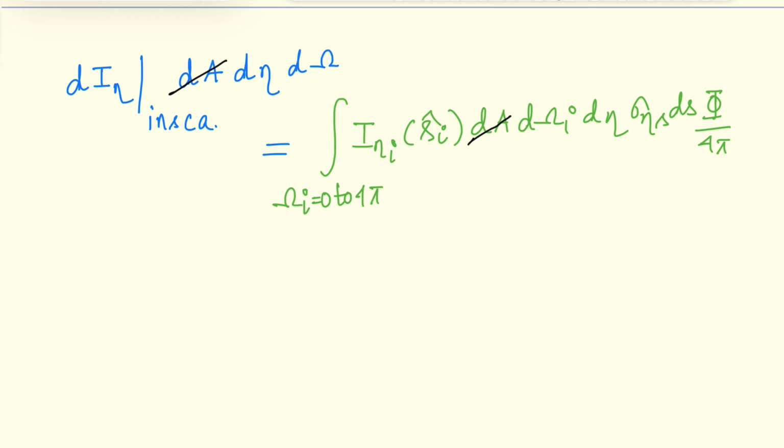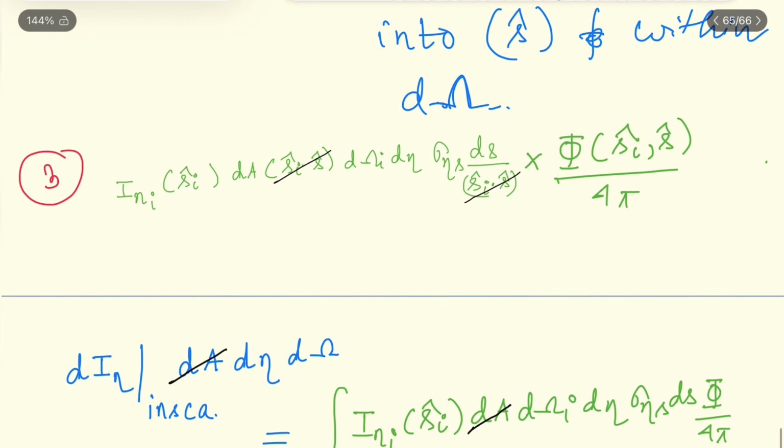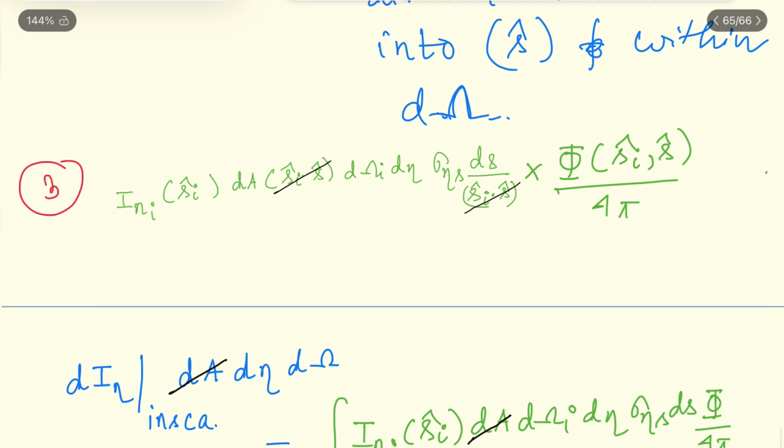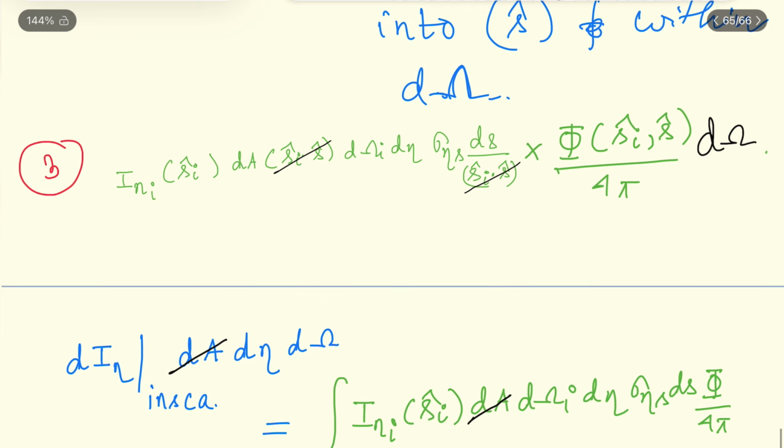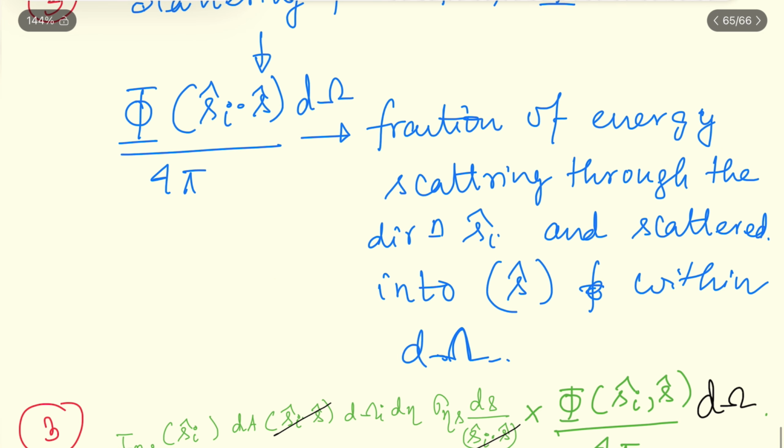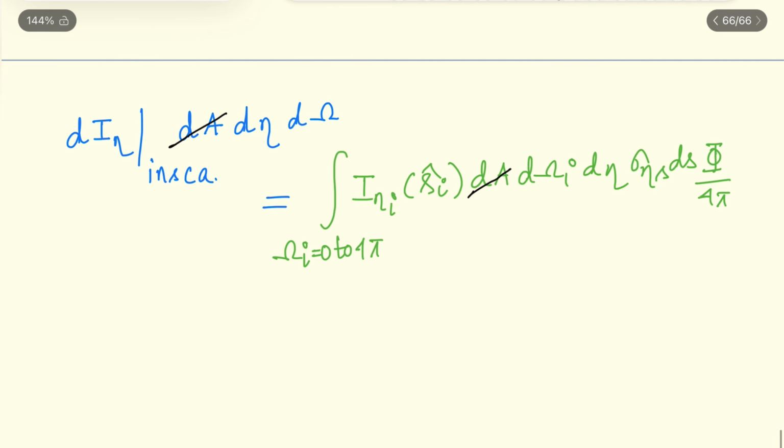So here you can see I will cancel this d eta and this d omega. I have forgotten to write this d omega here. There will be a d omega, because see, this was d omega here. I forgot to write that. Okay. And I will be writing the d omega here also, and cancelling out this d omega and this d eta.